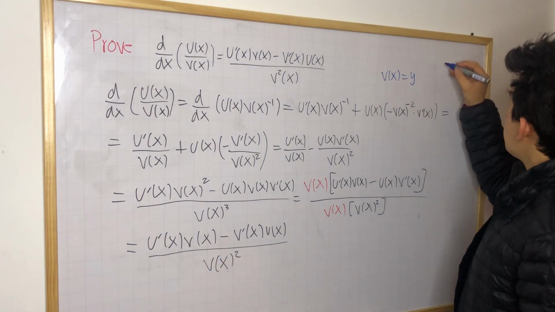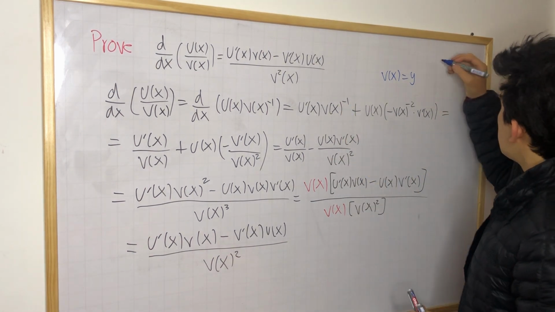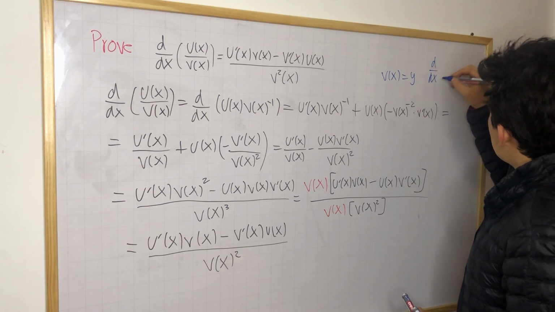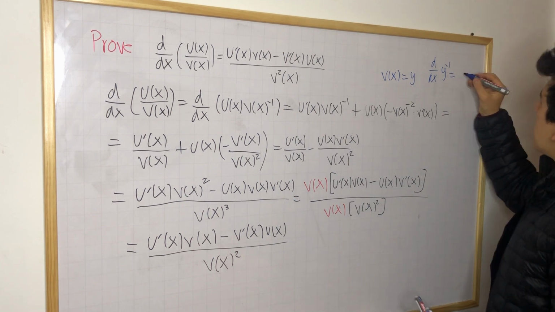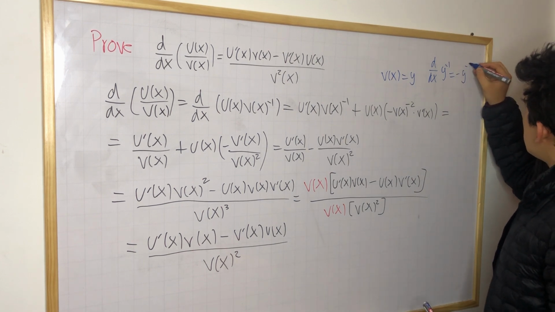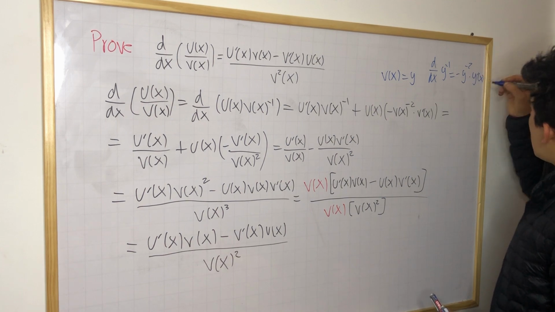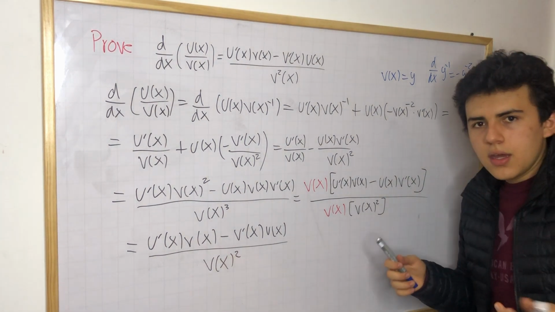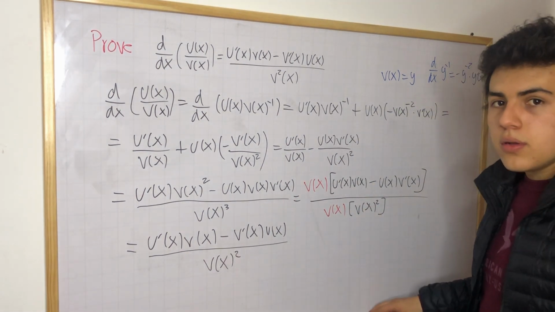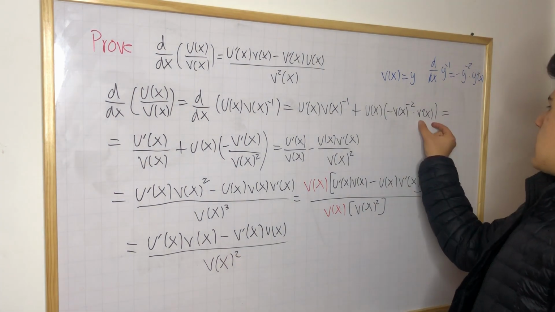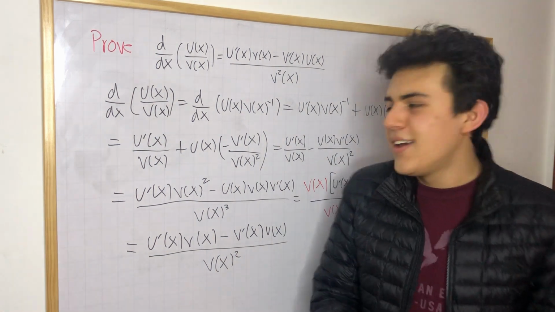So when you have y to the negative 1 and you want to take the derivative of that with respect to x, remember this is going to be minus y to the negative 2 times the derivative of y, y prime of x, okay? That is the chain rule. Don't forget this part. That is the most important part that most people forget. And if you forget this factor v prime of x, well, you're done because you're not going to be able to prove anything, okay? So that's the entire thing.